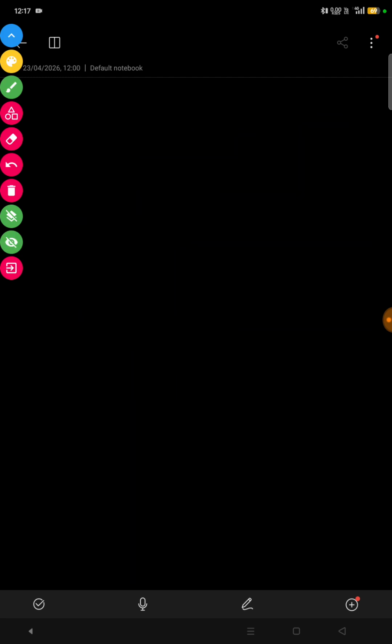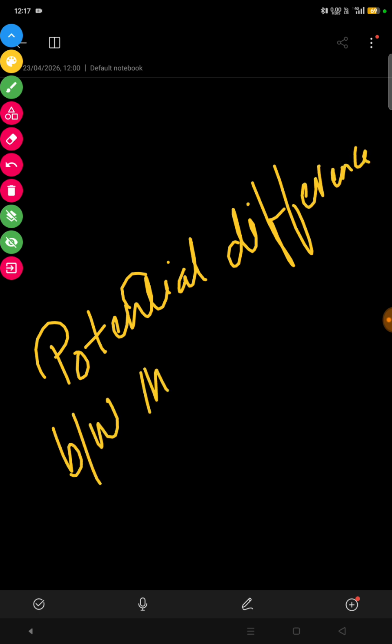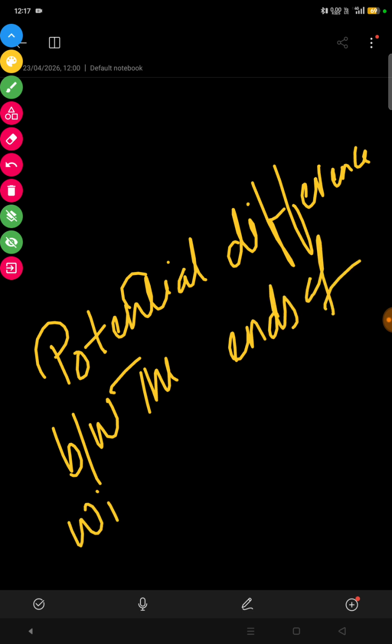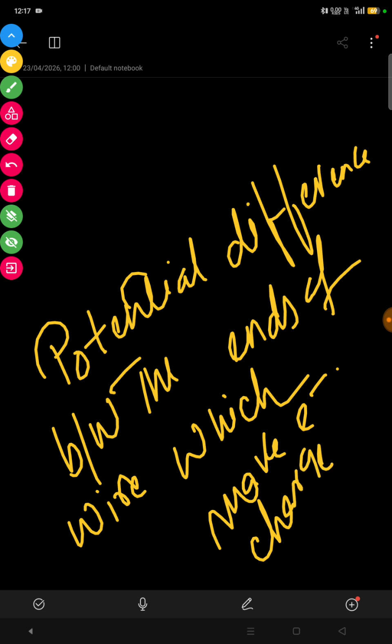So one thing is very clear: it is the potential difference between the ends of the wire which makes electric charge flow, or current flow.